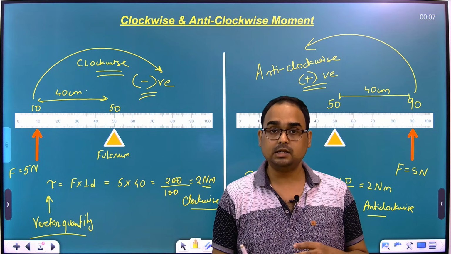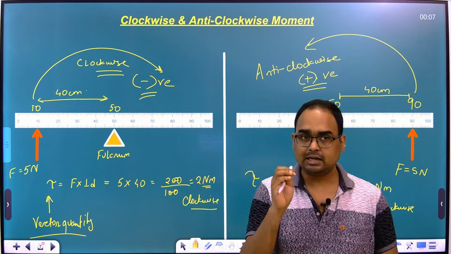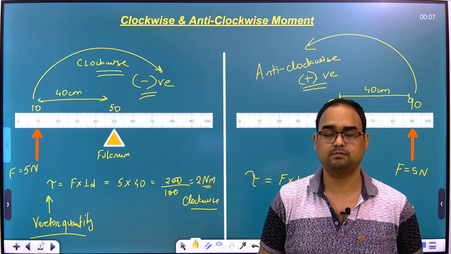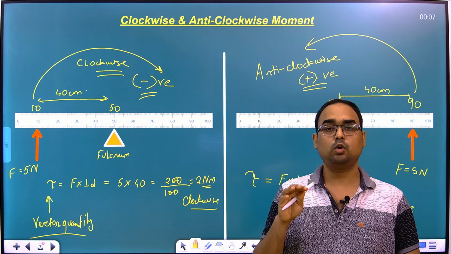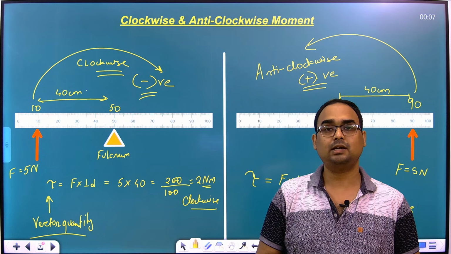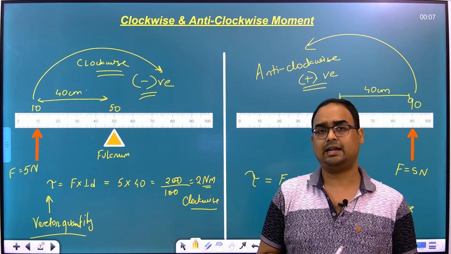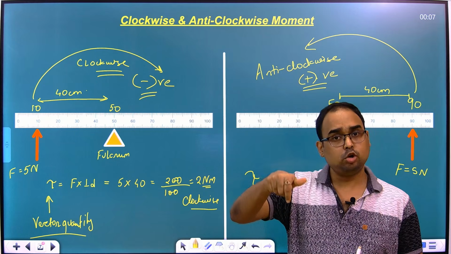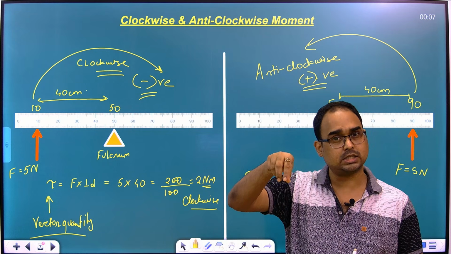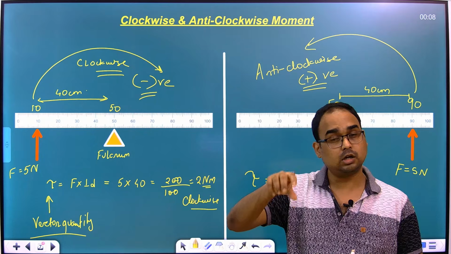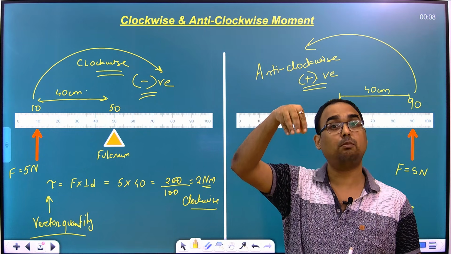The reason it is called a vector, let me give you a basic physical example. Let's say you are trying to open the cap of a bottle. Take a bottle in your hand and try to open the cap. Your motion will be anti-clockwise, but the cap will come in the top direction.